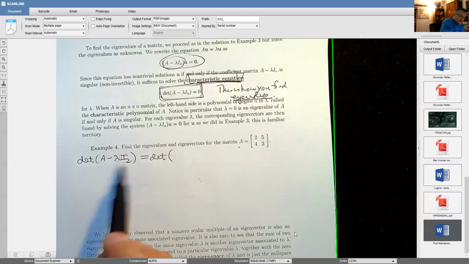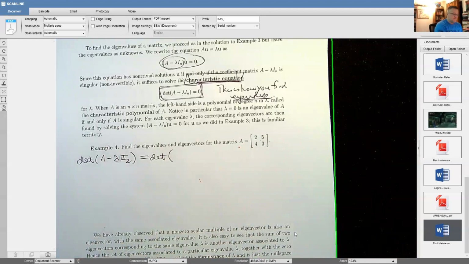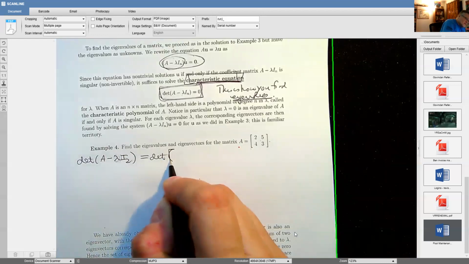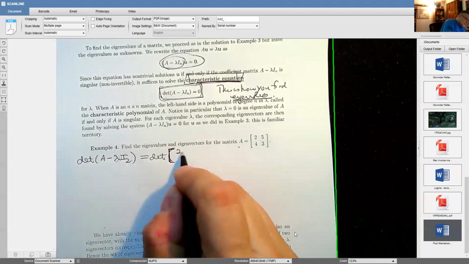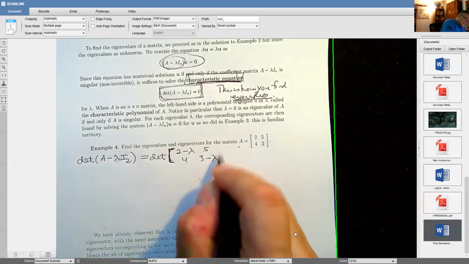If you actually wrote it out, this would just be the matrix lambda 0, 0, lambda. When you subtract component-wise, the only non-zero entry that you're subtracting occurs on the diagonal itself. And so this is the determinant of the matrix 2 minus lambda, 5, 4, 3 minus lambda.